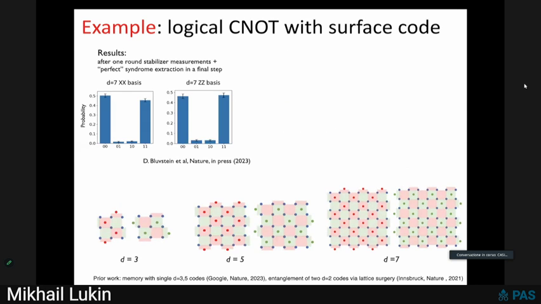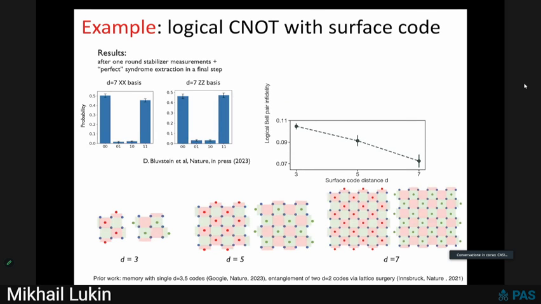And in this case, after we do this operation, we clearly see that the surface codes are entangled. And moreover, if you look at the quality of entanglement, it clearly is improving with the code distance, and this is a hallmark of quantum error correction. By making the system larger, your error is suppressed.